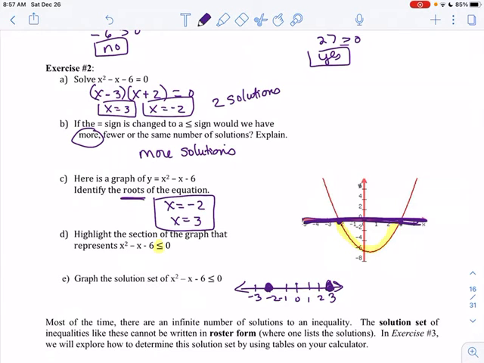And my solution is everything in between those numbers. Most of the time when I have these inequalities, you're going to have an infinite number of solutions, so I can't just list the solutions. You'll see that we'll use our inequality symbols in my solutions.